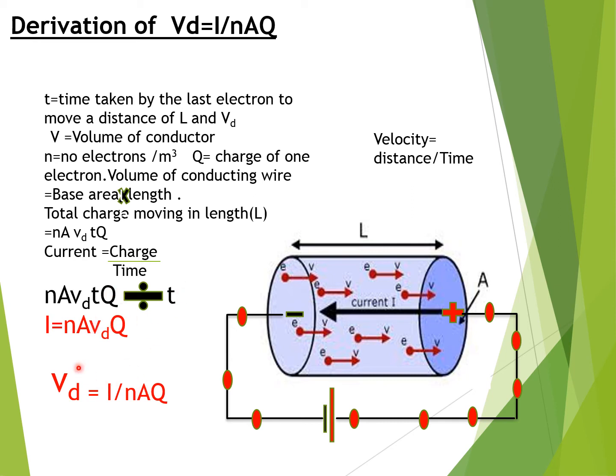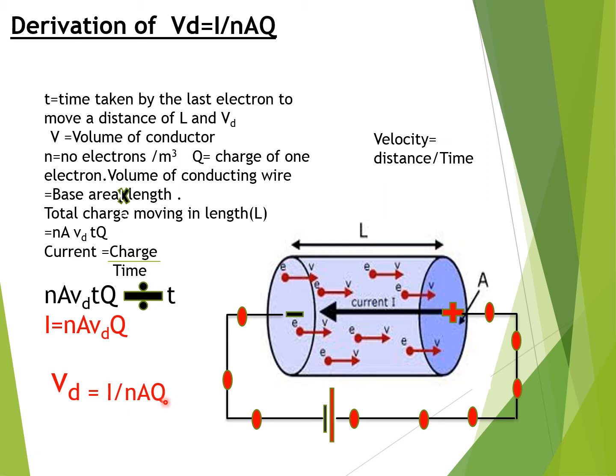Time gets cancelled. So I, the current, is equal to N into area of cross section into drift velocity into charge. Now, I made drift velocity the subject. Drift velocity is equal to I by N A Q.